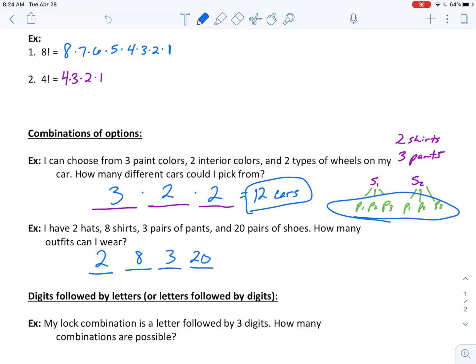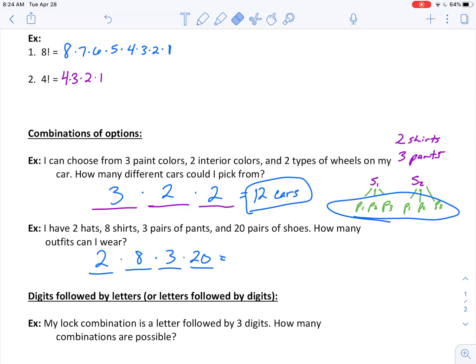So let's see, I've got 2 hats, 8 shirts, 3 pairs of pants, and 20 pairs of shoes. So a lot of shoes, not a whole lot of anything else. So what I'll do here is I will multiply all of these numbers together. So I'll take 2 times 8 times 3 times 20.